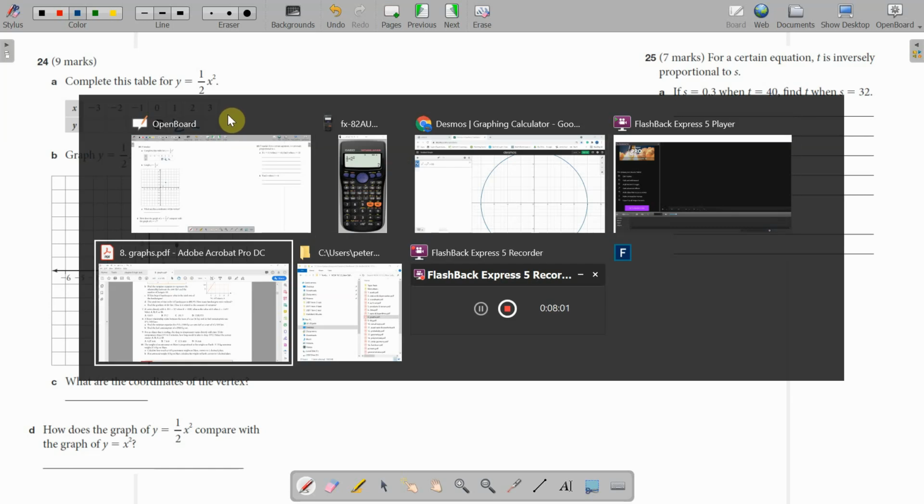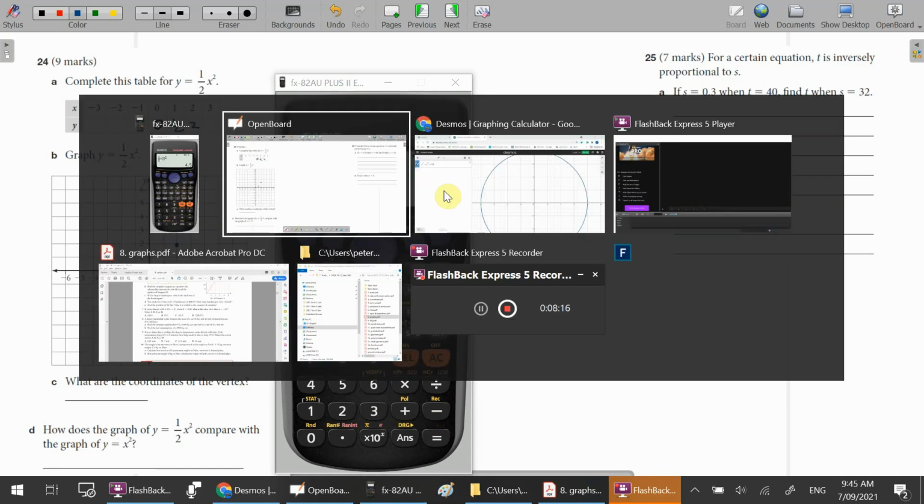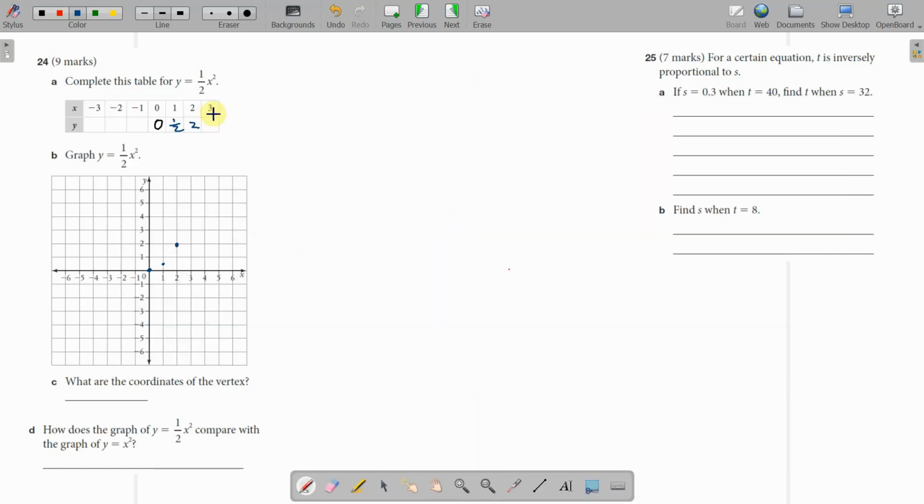A half times 3 squared is 9/2, 4.5. So when x is 3, y is 4.5. 3, 4.5. Very good. Okay, let's go the other way now.